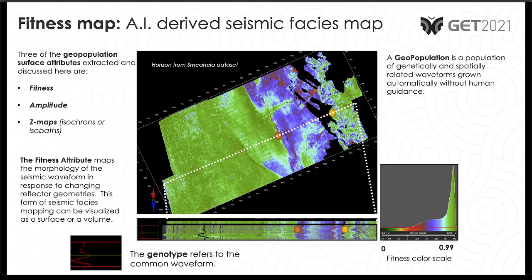The range of colors from green to blue and red tells how similar the waveform encountered along the section is to the genotype. Green means they are very similar to the genotype, and red means they are very different. Combining this information with well data, you get a new level of geological details that can really help build more accurate models.